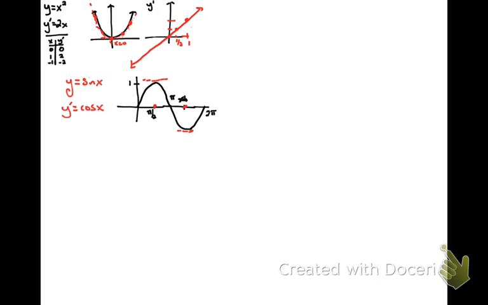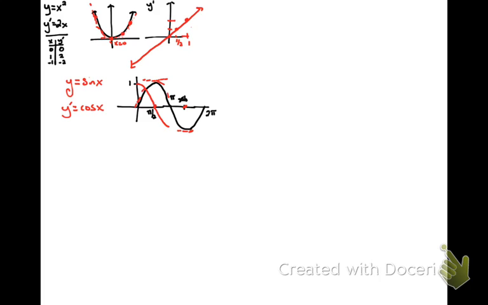And that also means that before pi halves, the tangent lines are going up, so their slopes are positive, but they're getting closer to 0. So it would be doing something like this. After pi halves, the tangent lines are going down, and they're getting steeper. So they're doing something like this.